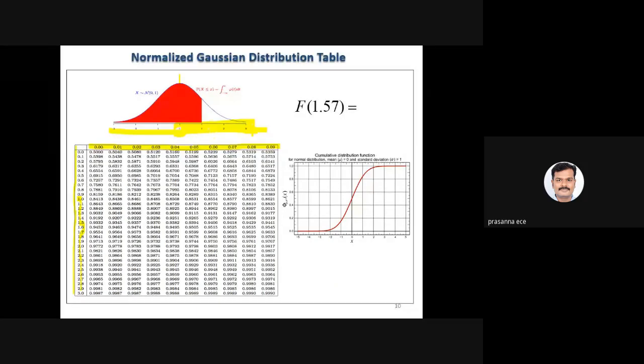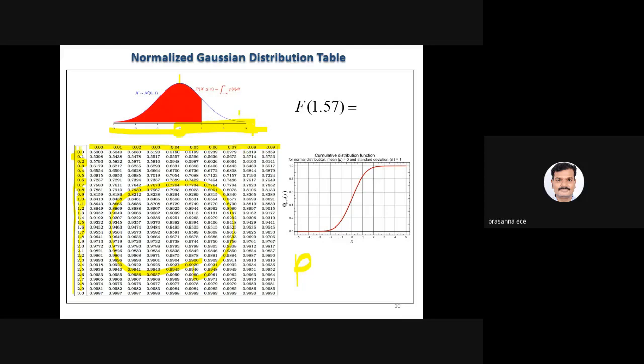The locations along the x-axis are listed in the leftmost column. The numbers here represent probabilities, the probabilities of capital X being less than a particular location on the x-axis.